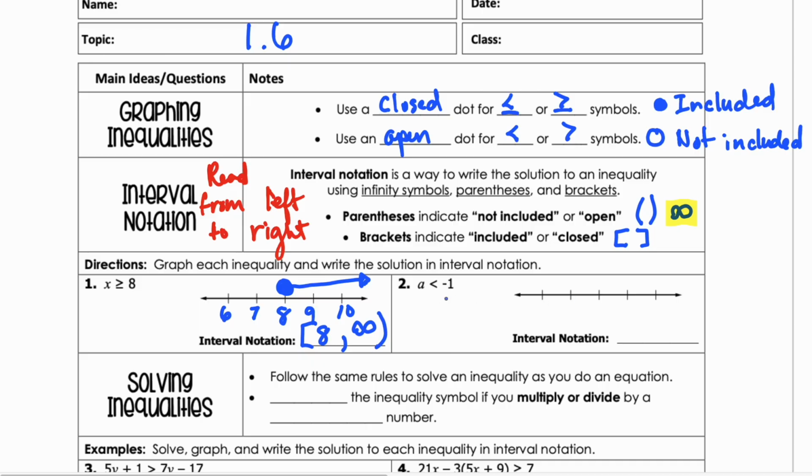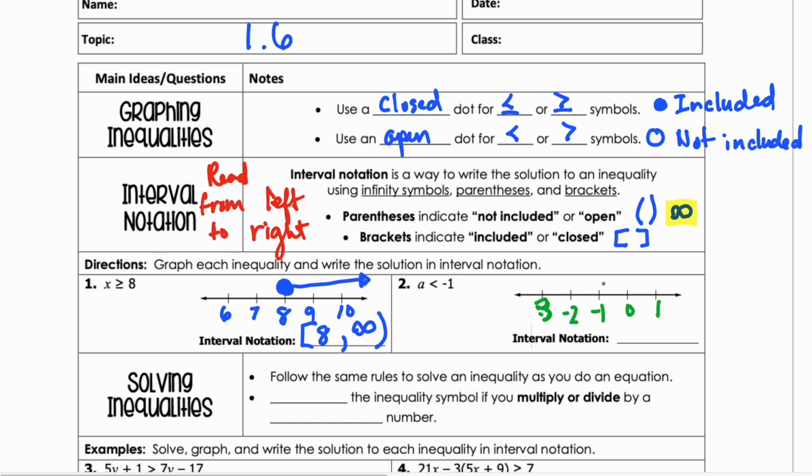All right, let's do this one. a is less than -1. So I'm going to put my -1 here. In a different color, I have -1, 0, 1, -2, -3.